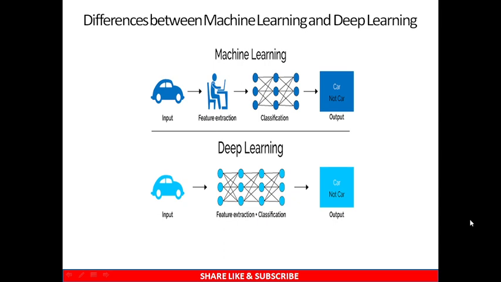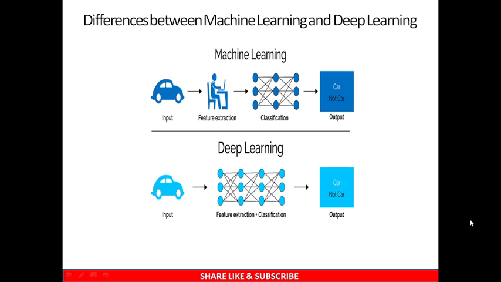This is a very important difference. In feature extraction, human intervention is not avoidable, but in deep learning there is no human intervention, because a predetermined kind of setup has been developed.